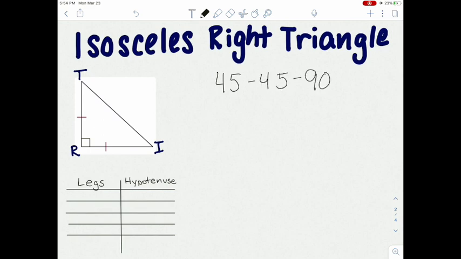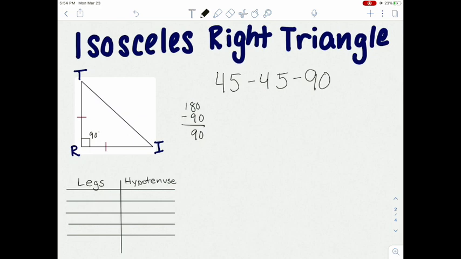Why do you think its nickname is the 45, 45, 90 triangle? So hopefully the 90 came pretty easy to you. The 90 comes from the fact that it's a 90-degree angle here. And then how many degrees are in every triangle? Every triangle has 3 angles that add up to how many degrees? Good, they always add up to 180. So if it's 180 minus 90, that means we have 90 degrees left over.